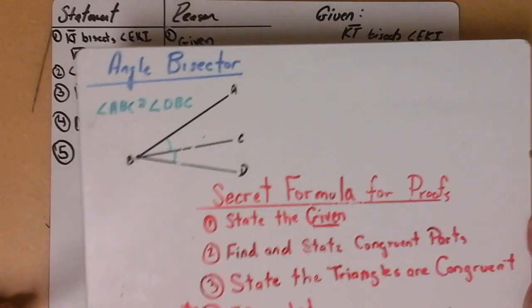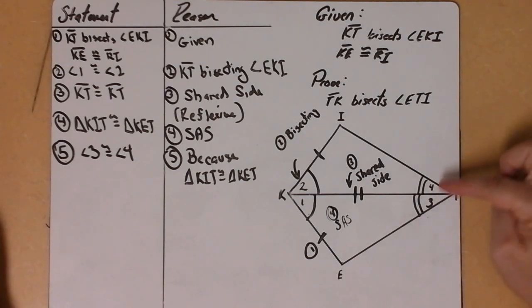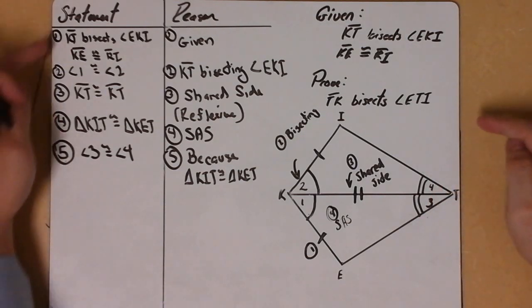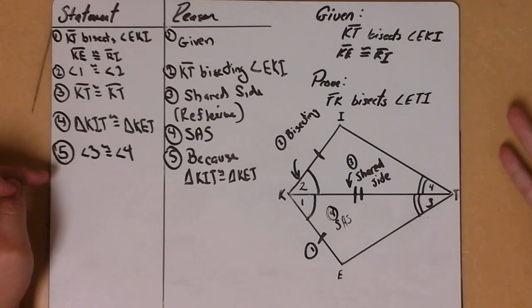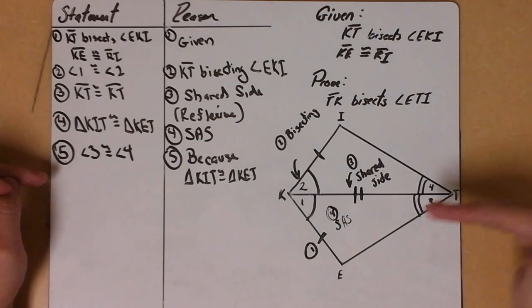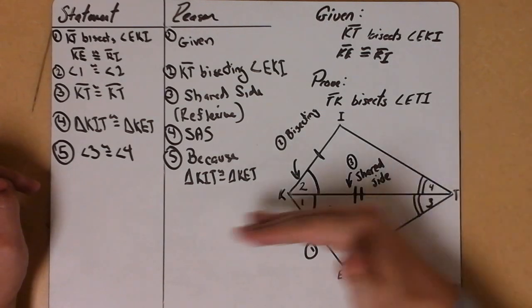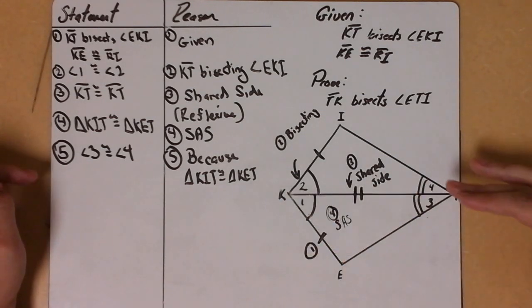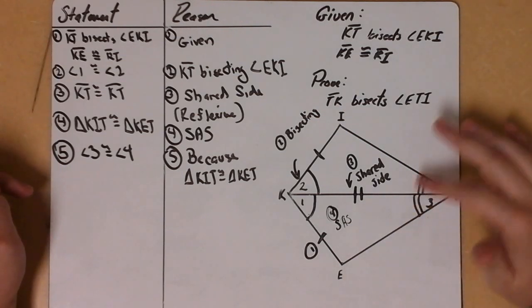So that's a little confusing. So let's break that down. Here's what I did. I used my previous statements to state that angle 3 and angle 4 are congruent, or they're the same. As a result of that, side KT is bisecting this angle because both of these are the same.